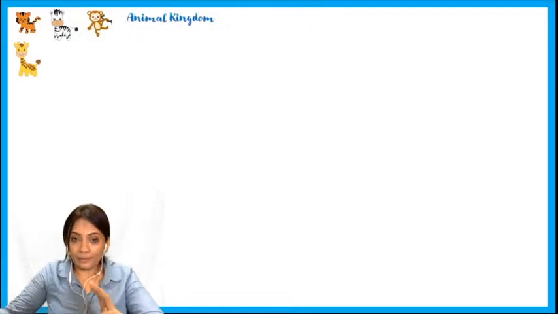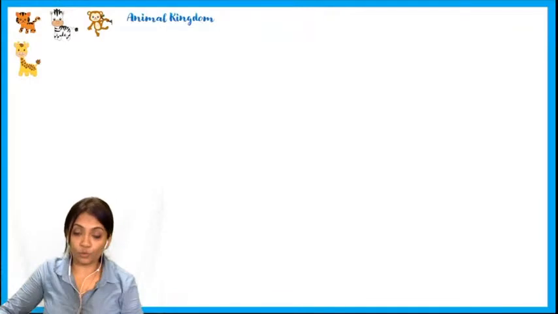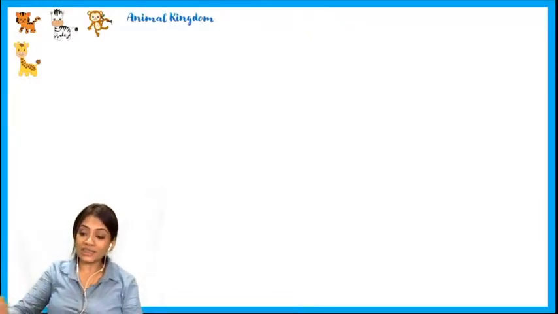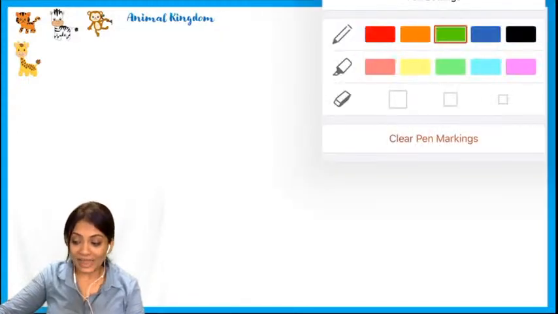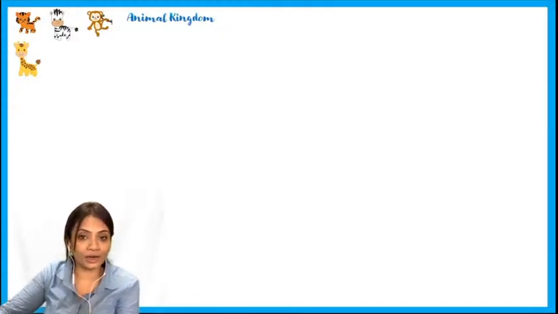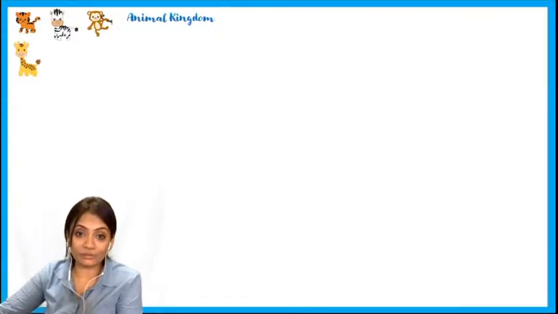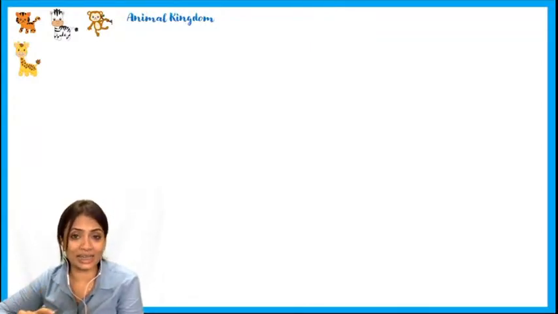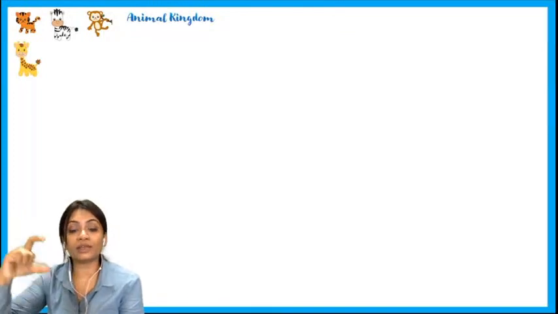In our next lecture, we will move forward with our phylums. First, before we wind up for today, let us have a brief recap of the different phylums which were there in our non-chordates. Do you remember those 10 names? I had told you to remember them in groups of 3.